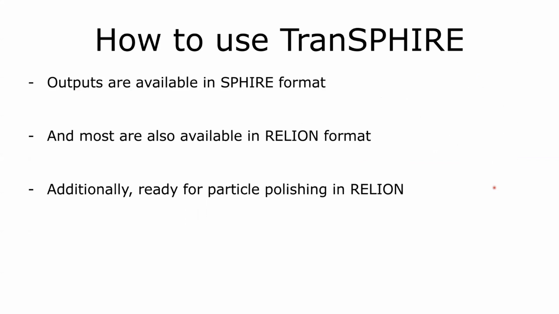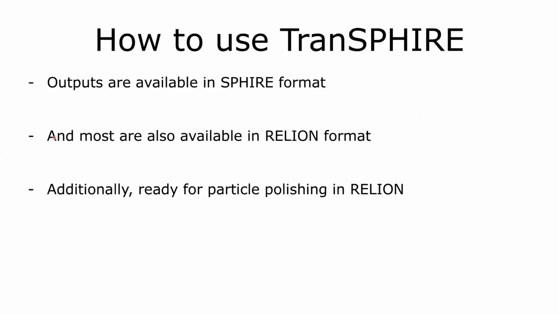So this is how to use TranSPHIRE and what are the outputs. Of course, the outputs are all the files that the individual programs produce. But this also means, because we are using crYOLO and Cinderella and ISAC, that all those outputs are usually available in the SPHIRE format.